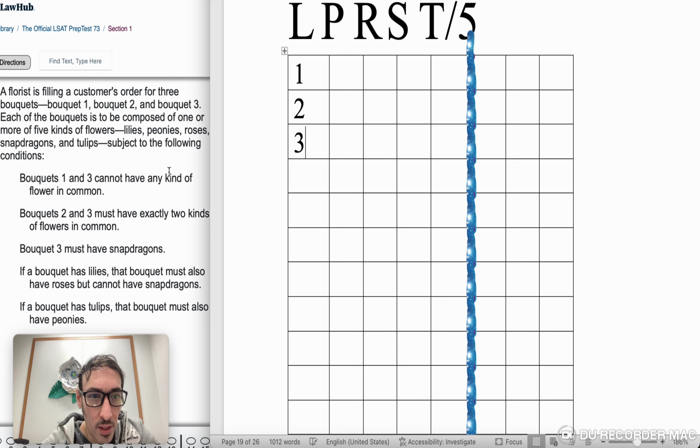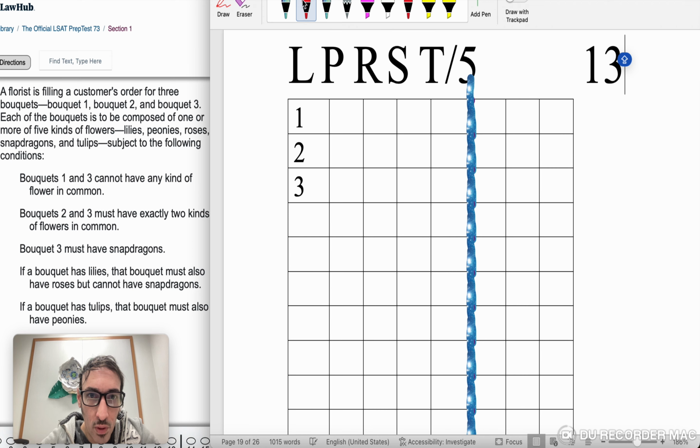So bouquet 1 and 3 cannot have any kind of flowers in common. So basically, with that information, we're going to put 1 and 3 together, and let's cross that out. That way we will know that we cannot play it.